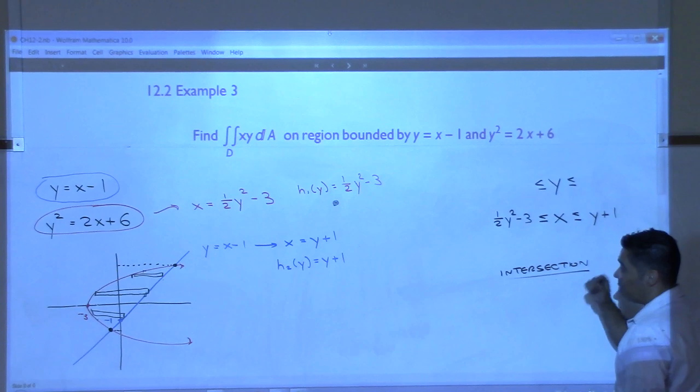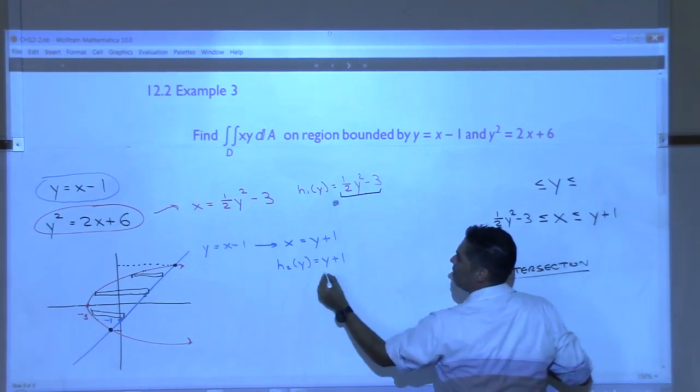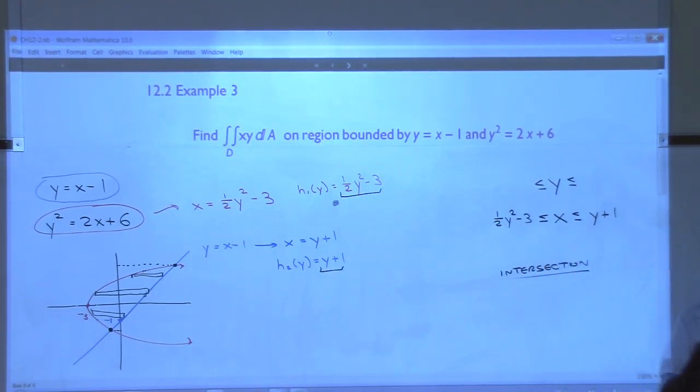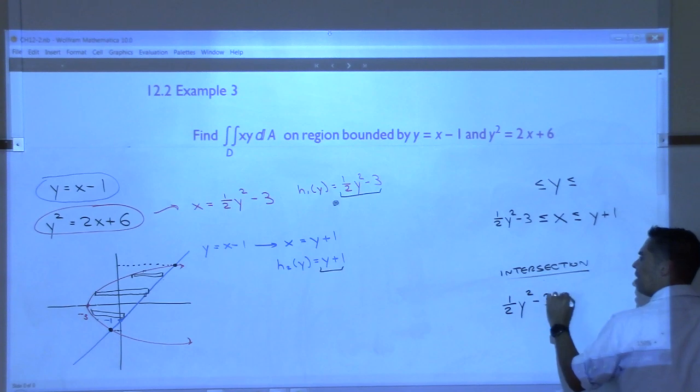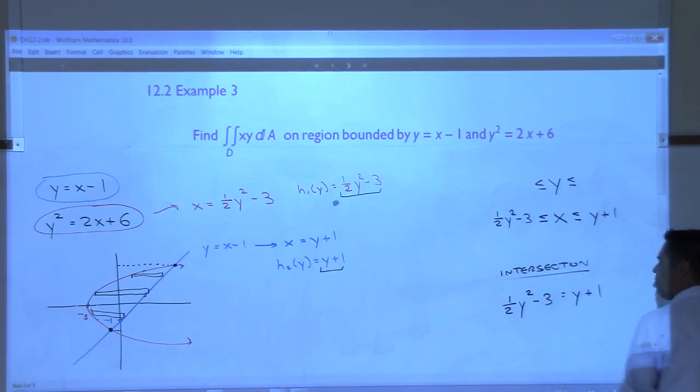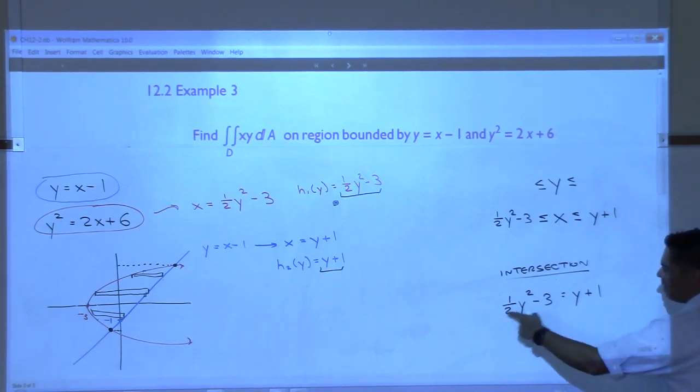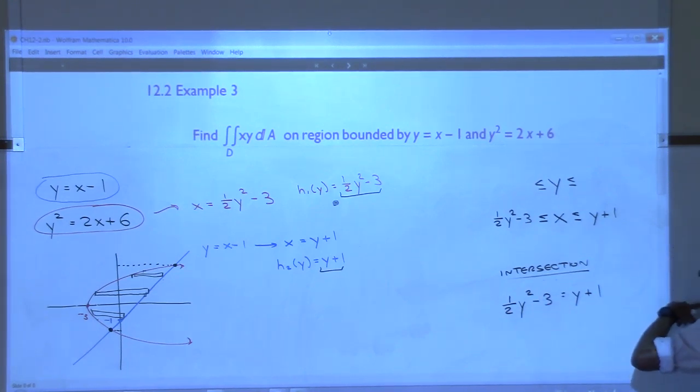When I do this intersection, I'm going to set this equal to this, so that way my equation will be in terms of y, right? So I have 1/2 y squared minus 3 equals y plus 1. And this is a quadratic, so we can solve this. I'm just going to multiply everything by 2 to clear out the fractions.